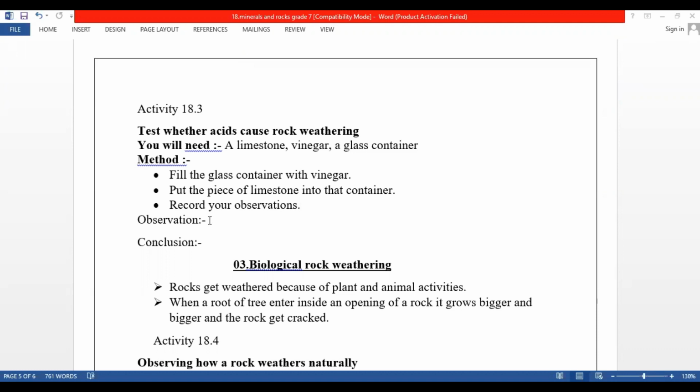The observation is: the piece of limestone in the container with vinegar dissolves, emitting air bubbles. You can see that. If you put the limestone into the container with vinegar, then you can see the limestone is dissolving and air bubbles are releasing. Here I will write the observation. Complete your Tute with the observation.